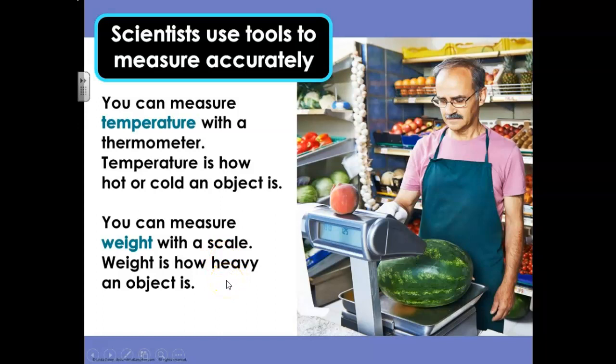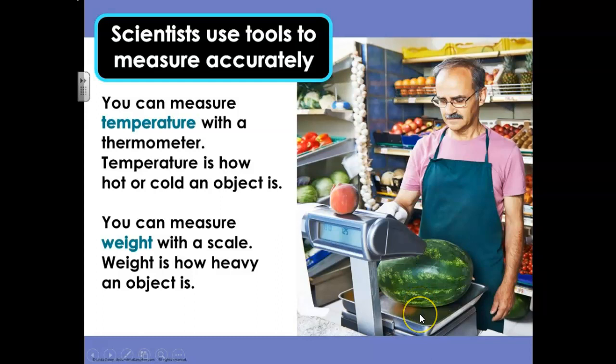All right, so we talked about weighing ourselves. Look at this man. What is he weighing? He's weighing the fruits. That's right, he's weighing a watermelon, and up here it looks like a peach. All right, so that is a scale that measures the weight of the fruits.